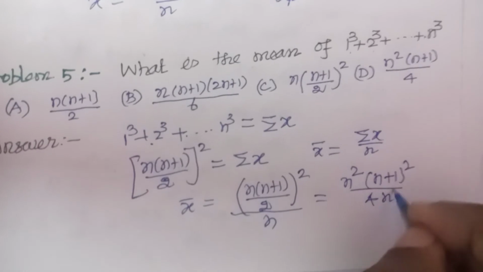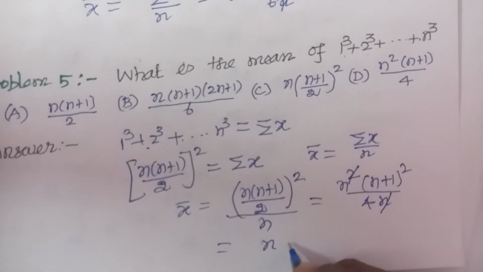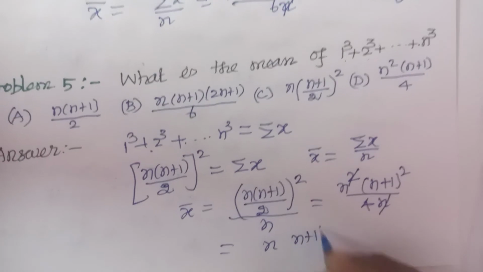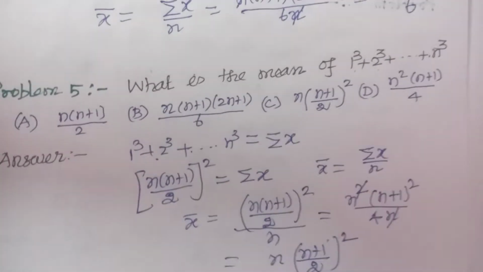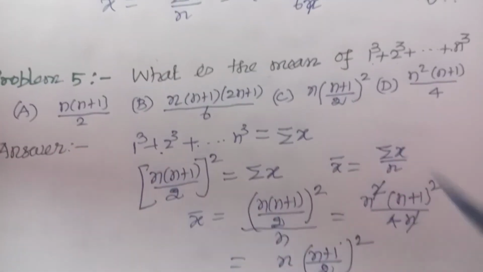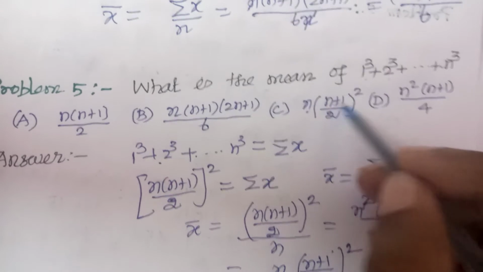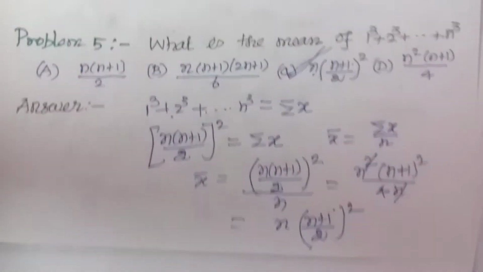Now we can divide by n. So remaining is n into n plus 1 divided by 2 whole square. It can be written as n into n plus 1 divided by 2 the whole square. Now from the given options, n into n plus 1 divided by 2 the whole square, the option C is the correct option. Right. Go to problem 6.